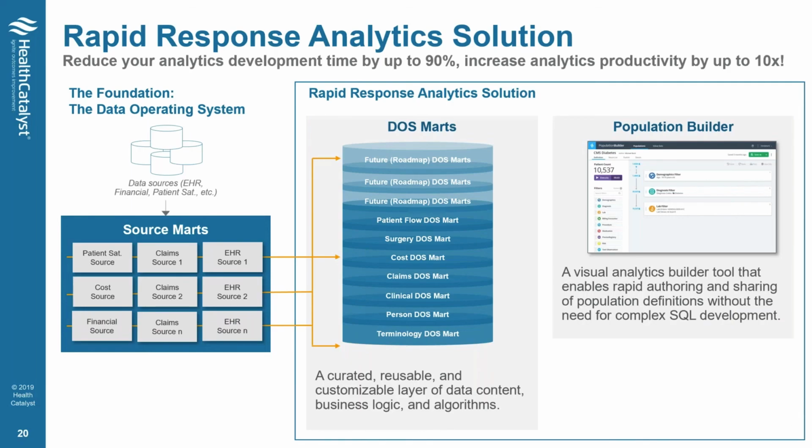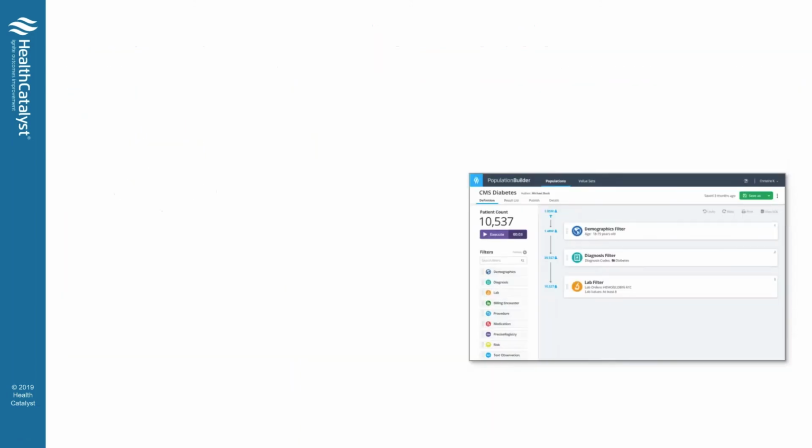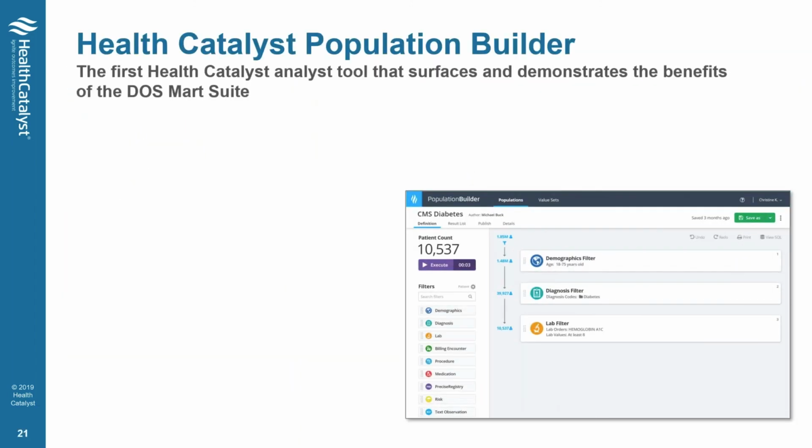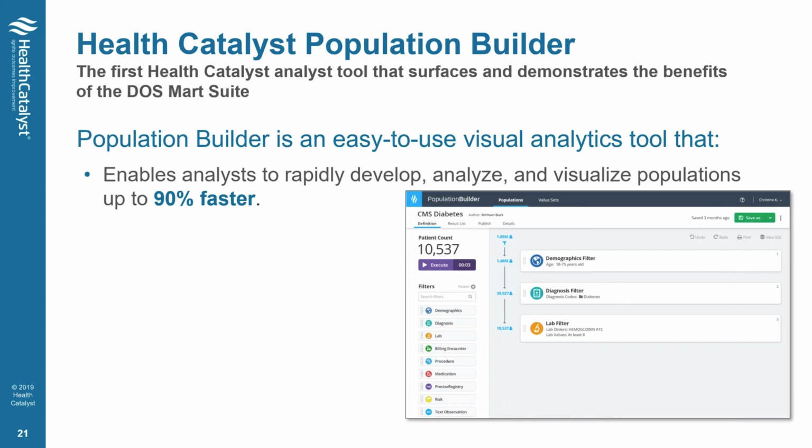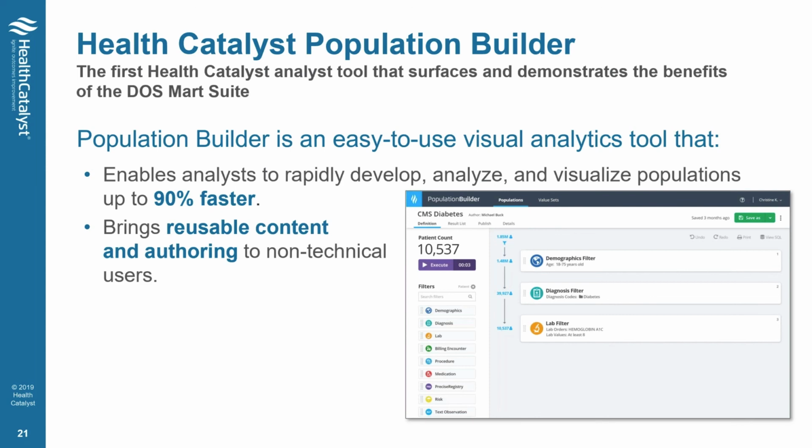So just going back to the solution, we'll talk now about Population Builder. Population Builder is the first Catalyst tool that demonstrates the benefits of the Dosmart suite. Out of the box, Population Builder is designed to work on Dosmarts. It's an easy-to-use visual analytics tool that enables analysts to rapidly develop, analyze, and visualize populations up to 90% faster.